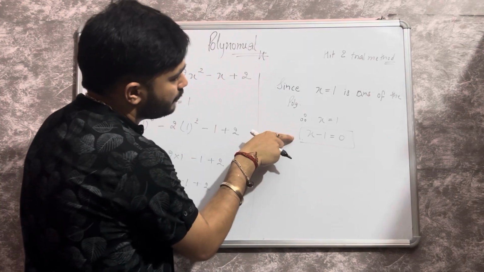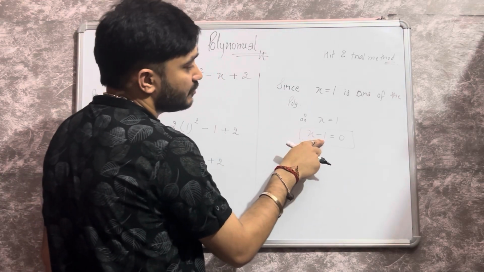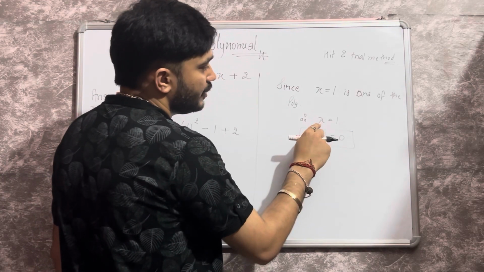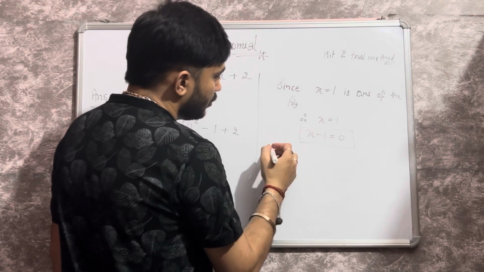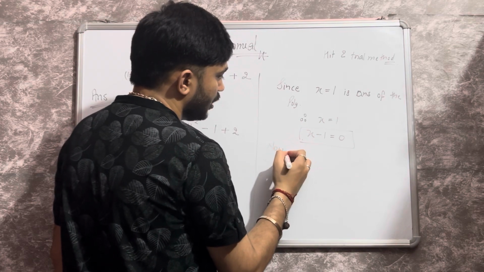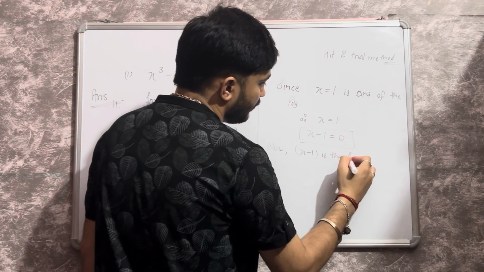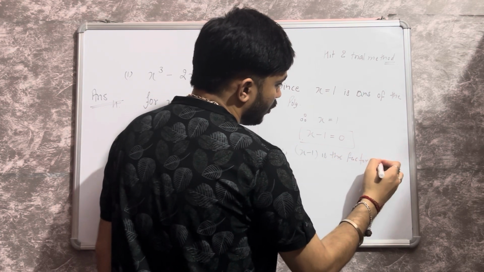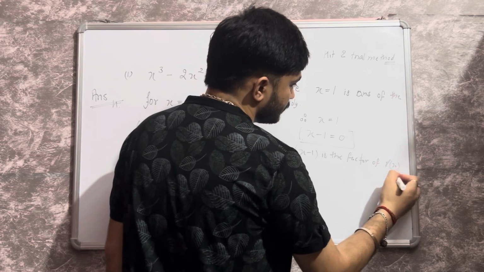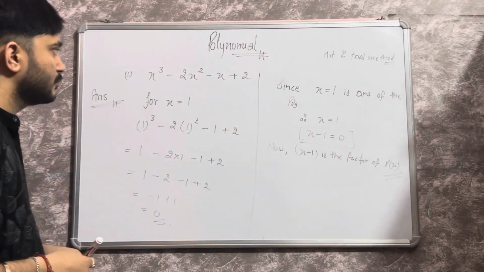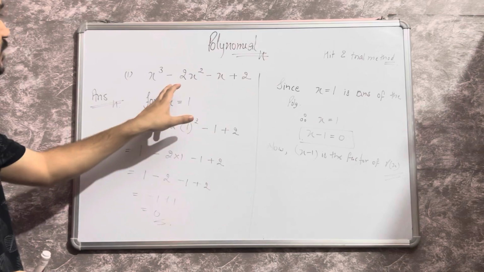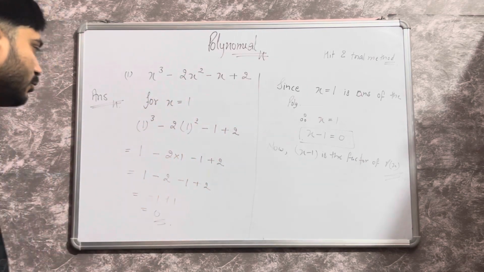We have done the reverse of this, that is, if x minus 1 is the factor of p of x, then you have found the value of x. Now this means x minus 1 is the factor of p of x. x minus 1 is the factor of this. Any doubt?